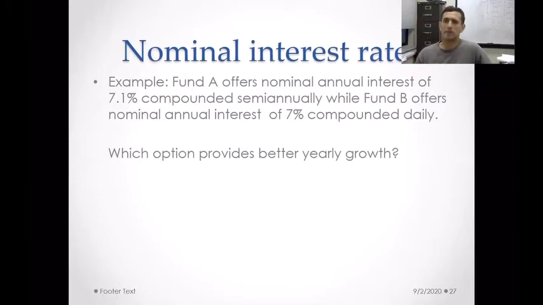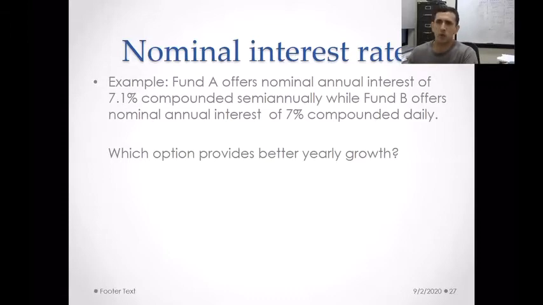No, let's actually compute the growth factors, or equivalently, the equivalent effective annual interest rates for Fund A and Fund B. Obviously, you just add 1 to get the respective growth factors. So finding the interest rates, or finding the two effective annual interest rates, is basically the same thing.